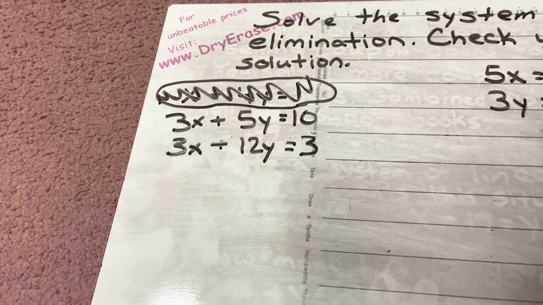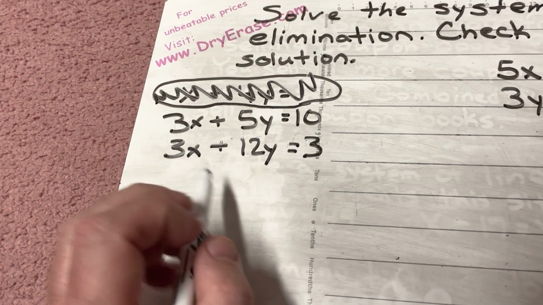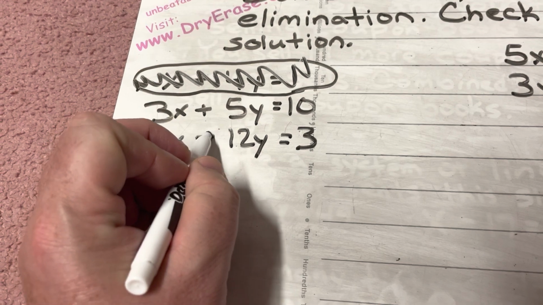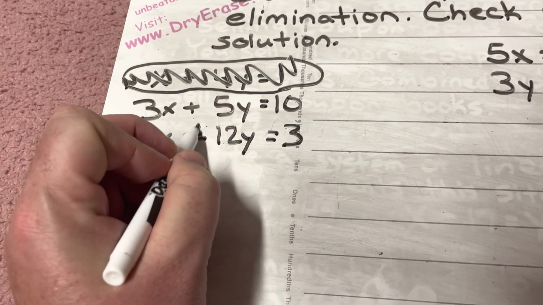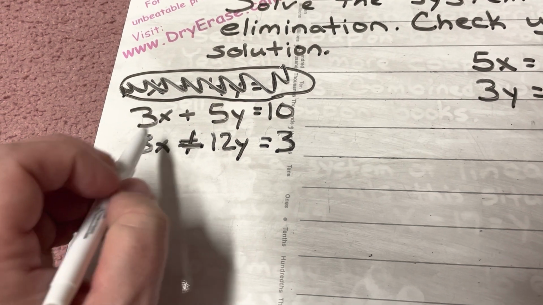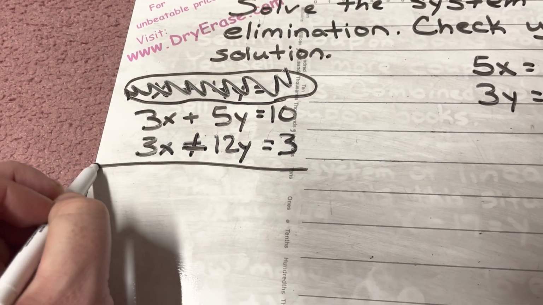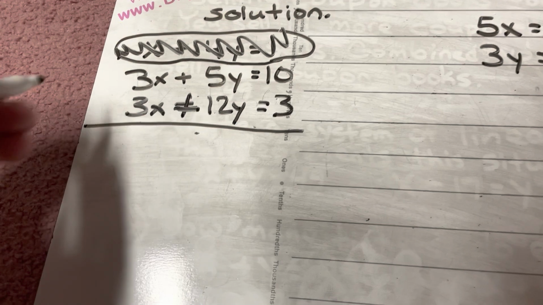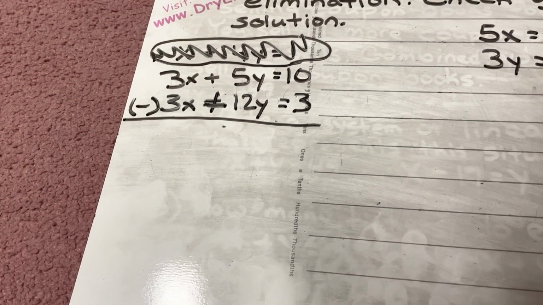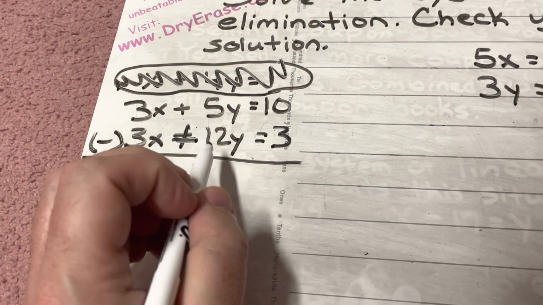Now I go back to what I did in lesson 5.3a, and I say, okay, am I going to add or subtract to cancel things out? Well, I'm going to subtract because 3 minus 3 is what makes 0. So I'm going to put a minus sign there. 3 minus 3 is 0.